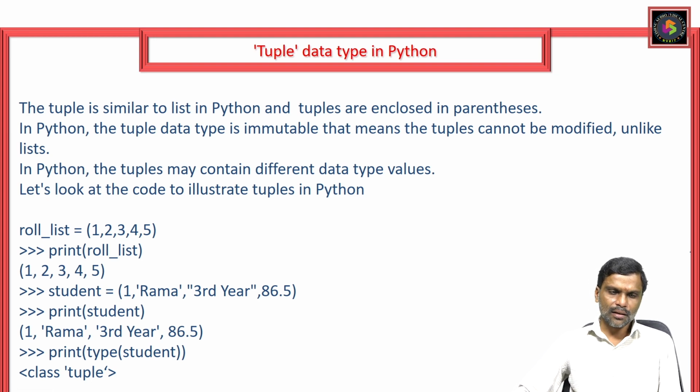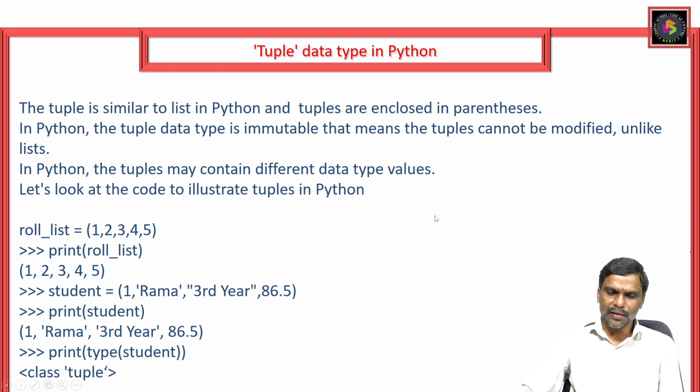So here you can see the same list, but it is in round brackets, parentheses, so it is considered a tuple. Then what is immutable? It cannot be modified when we perform operations; this point we will discuss later. Then student is equal to the same thing. Print student, again the same output. Type of student gives tuple.